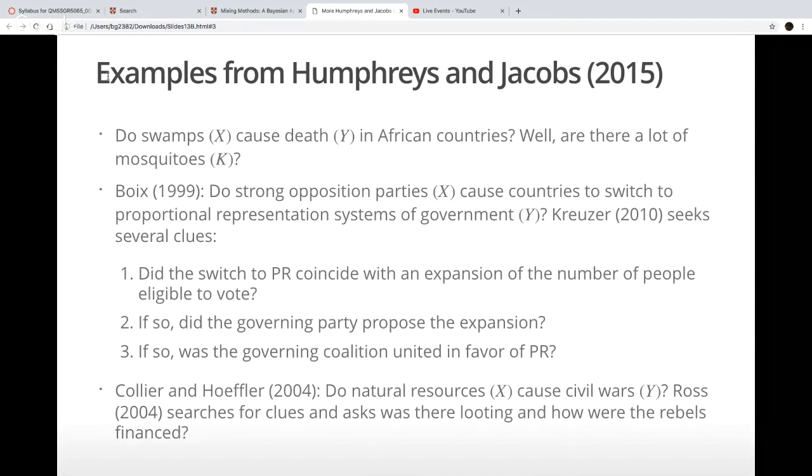Classic examples of this are the Scandinavian countries, Israel, etc. Anyway, so the original study here did a somewhat large-ish regression analysis of something relating to the strength of the left parties on whether the country did or did not switch to a proportional representation system of government sometime in the 1900s.